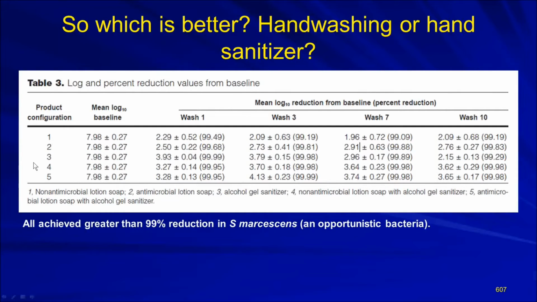So overall, what they found to be consistently more effective was number 3 here, the alcohol gel sanitizer. However, as you can see from these figures, they're all extremely effective and can be used for cleaning hands.